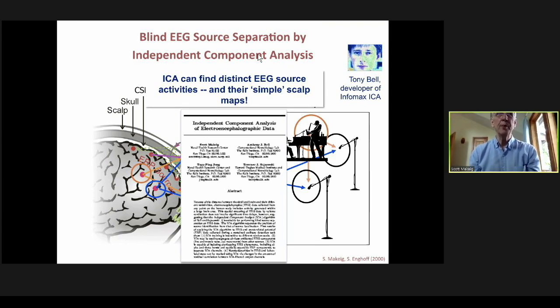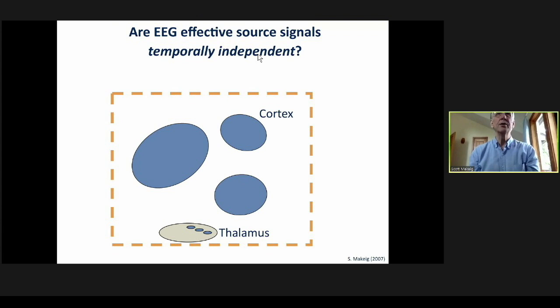So a week later, we sent to NIPS the first paper on ICA for EEG and have been at it ever since, with increasing success, I would say, and confidence. So are cortical or other sources of EEG signals actually temporally independent of each other?